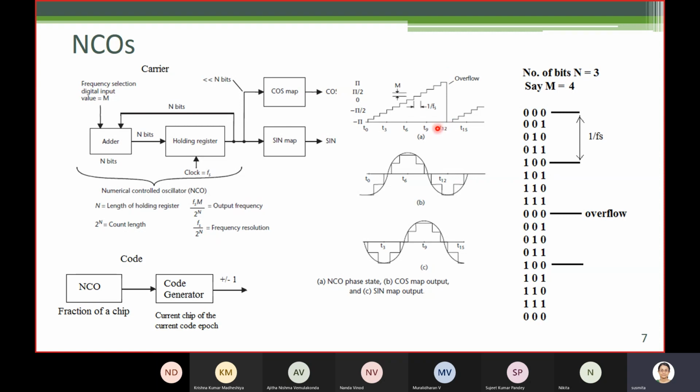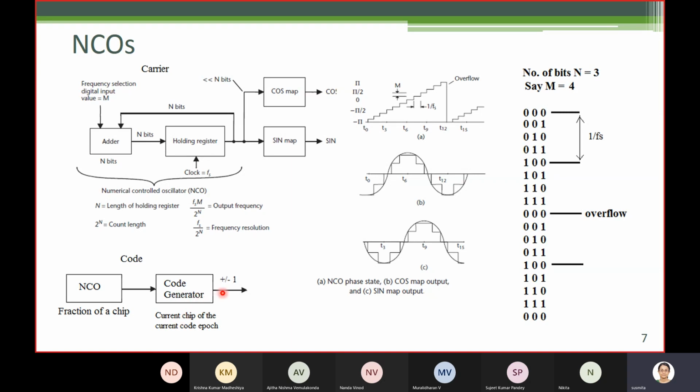When overflow occurs, it sends out a high signal. And this increments the code generator by one chip. The code generator keeps the current chip. So we know that in a code epoch or code period, there are a number of chips, capital N chips are there. The code generator holds the current chip in the code period.